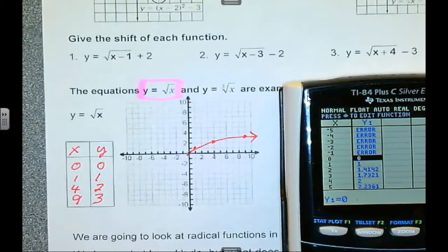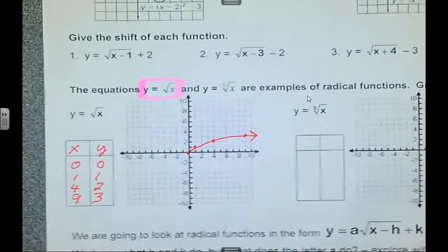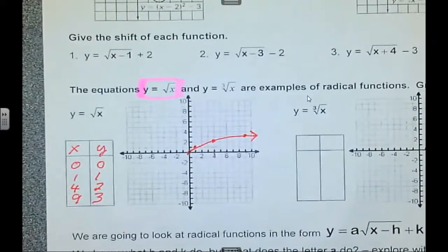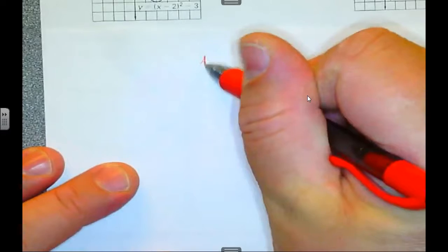Now, we know the transformations, right? Remember from our absolute values? Remember our absolute value function?